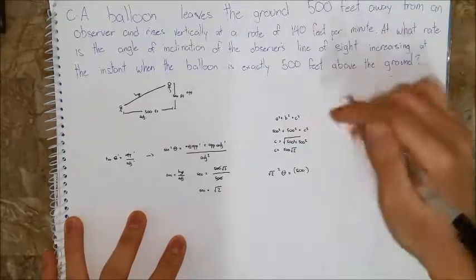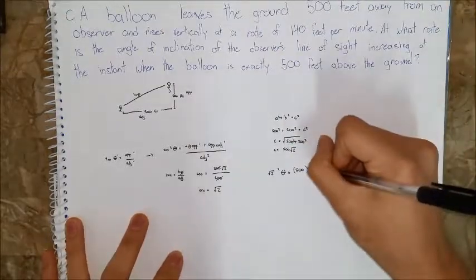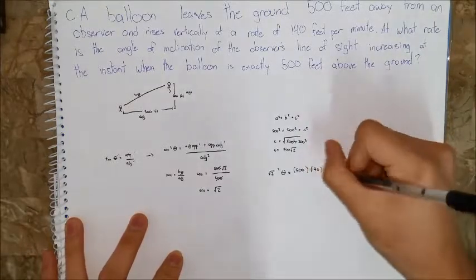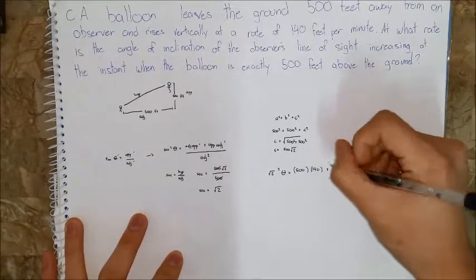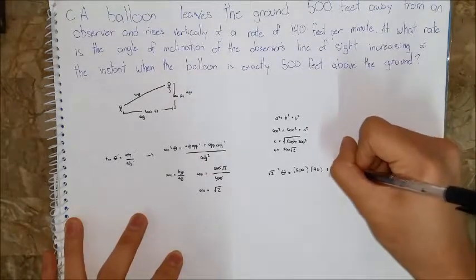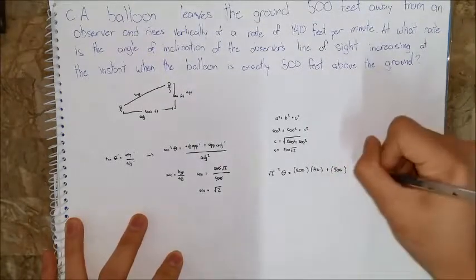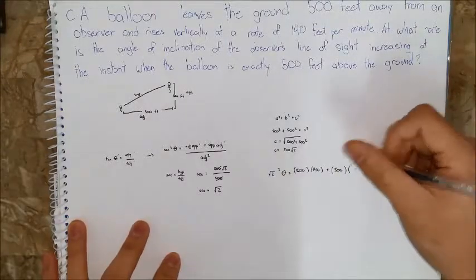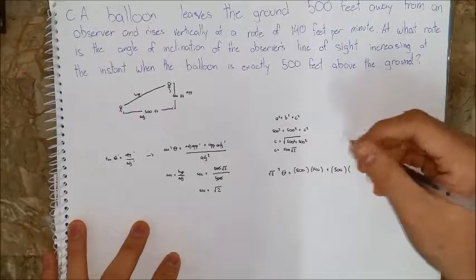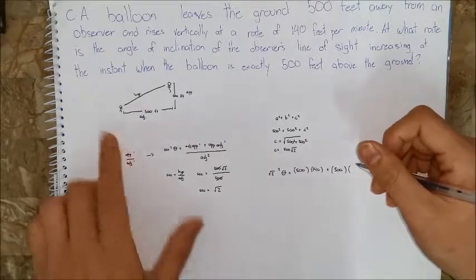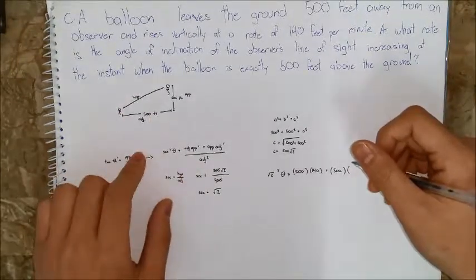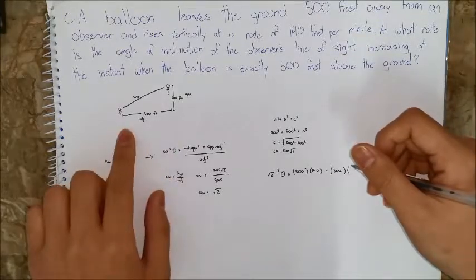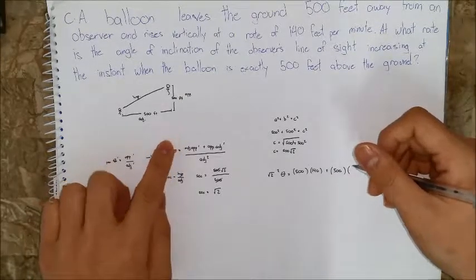It is 140 feet per minute, plus opposite, which is 500, times the change of the adjacent, which is 0, because as we see in this drawing, the horizontal distance between the man and the balloon does not change.